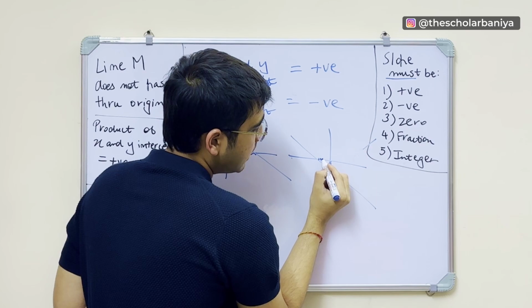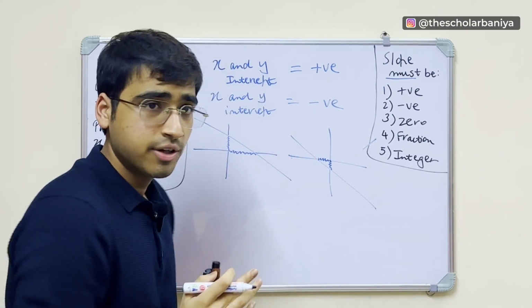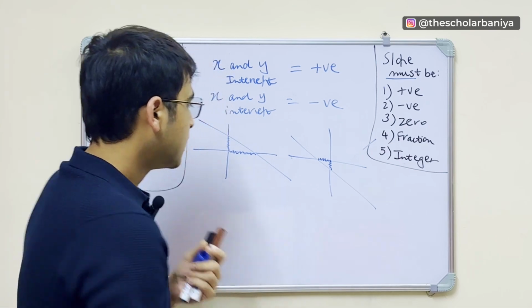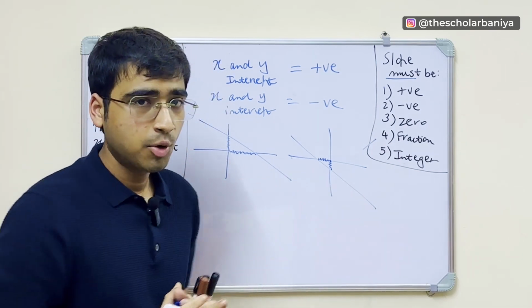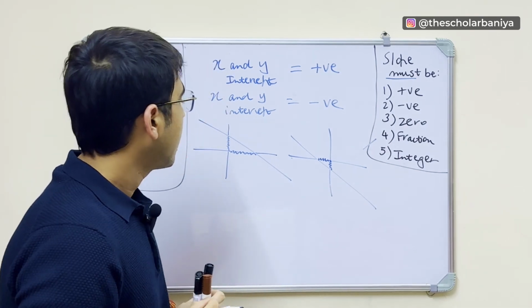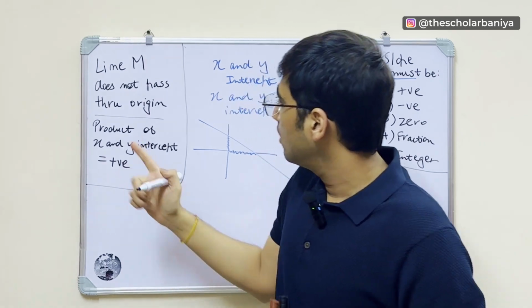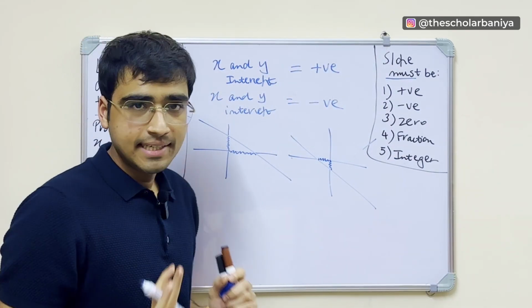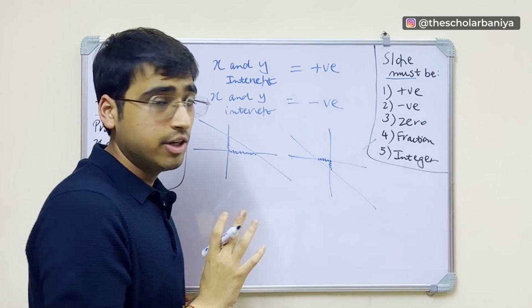And the x-intercept, which is this, is also negative because it is towards the left side of the axis, right? So one possible case is this and the other possible case is this, okay? And we are also given that it does not pass through the origin. So these two cases completely satisfy the given conditions.